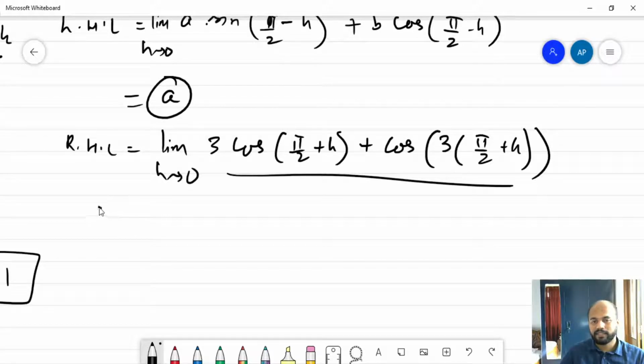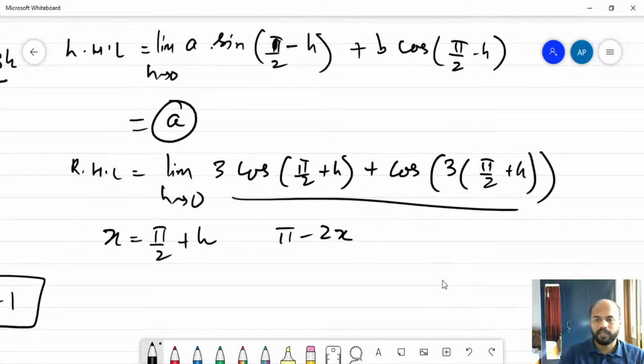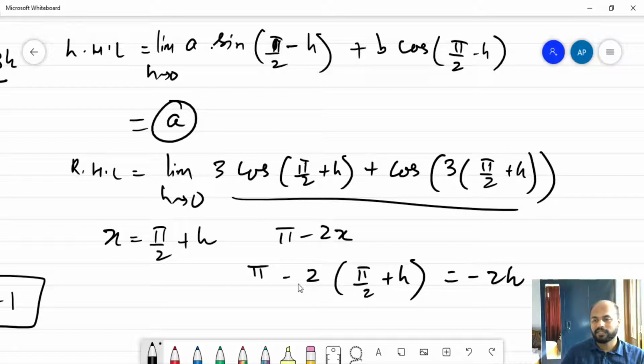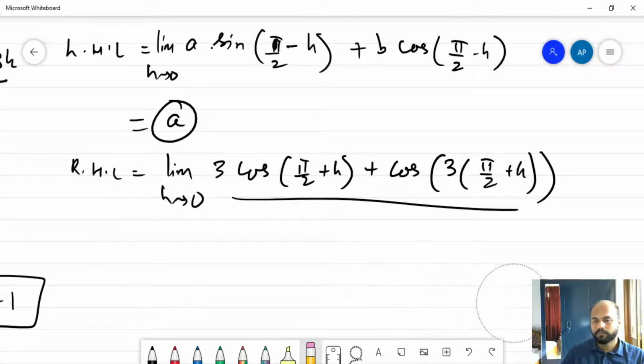We know that x is pi by 2 plus h in this case. So pi minus 2x is going to be pi minus 2 times pi by 2 plus h, which is going to be minus 2h. So let's write this as minus 2h the whole cube.